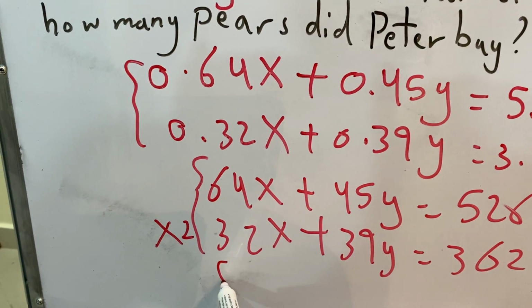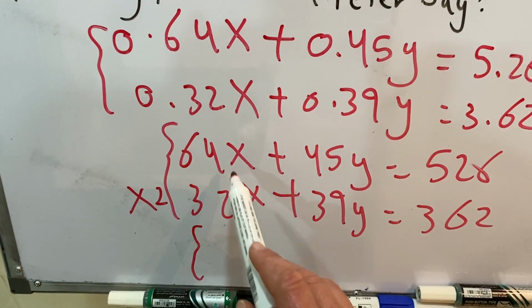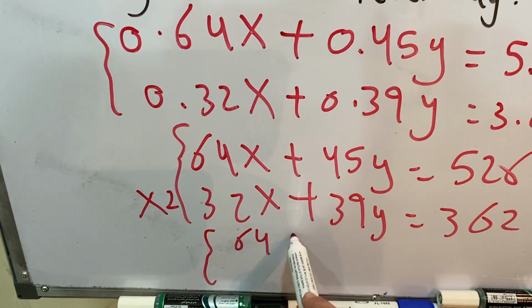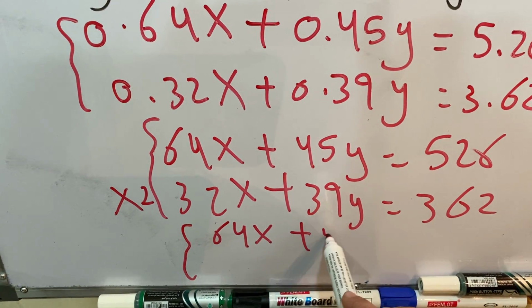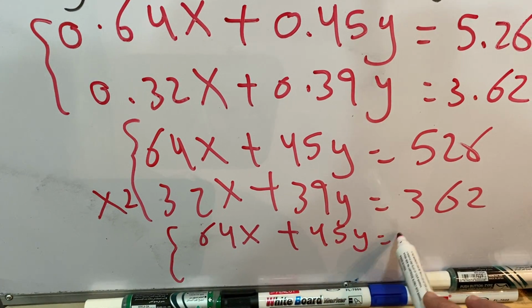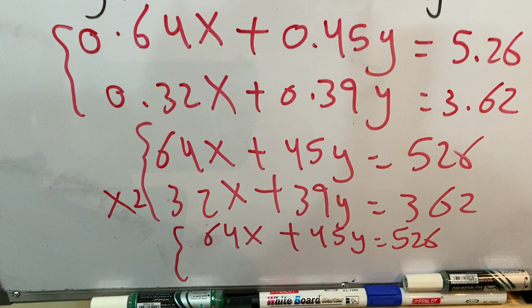So the first one will keep the same: 64x plus 45y equals 526.